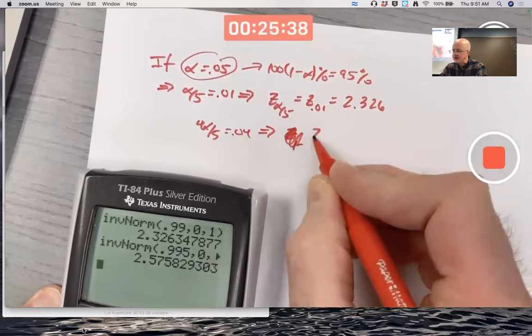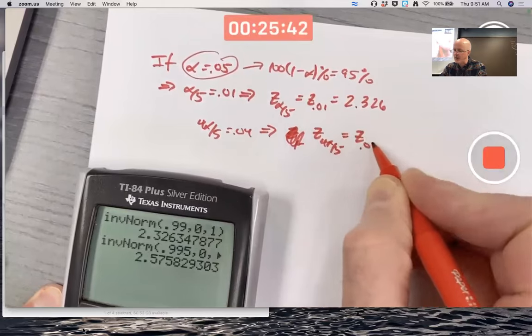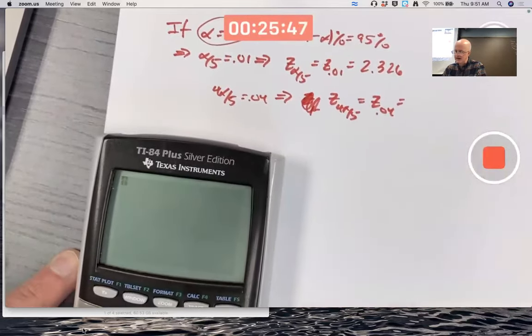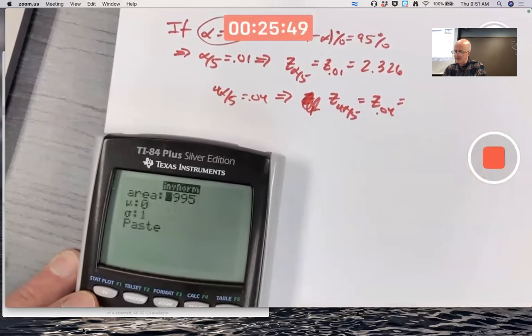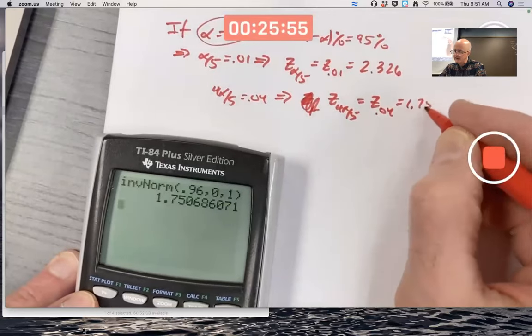Z sub 4 alpha over 5 is going to be z sub 0.04. Plug in a 0.96 here. And we get about 1.751.